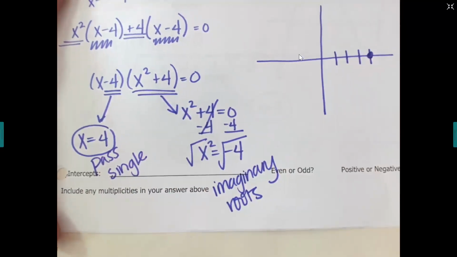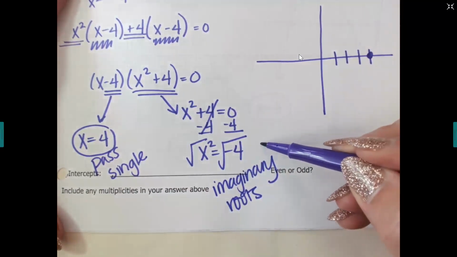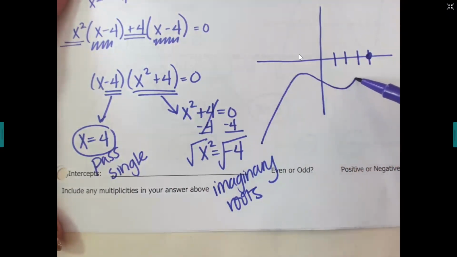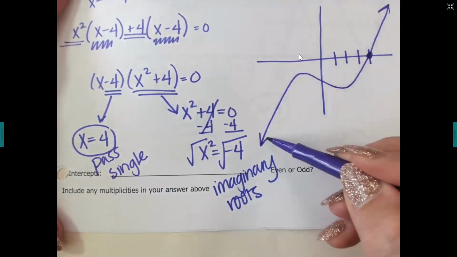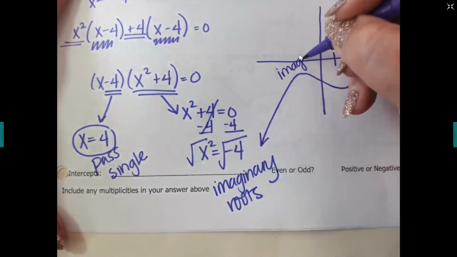We're starting low and ending high. This time, let's do the imaginary root first. So start low. Go towards the x-axis, but don't get there. And then turn away too fast. And then where are you going to pass through at? 4. Okay, so in that case, this would be your imaginary root.